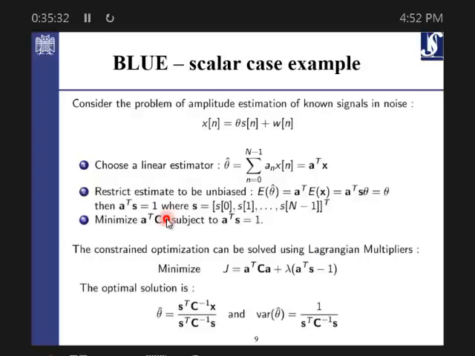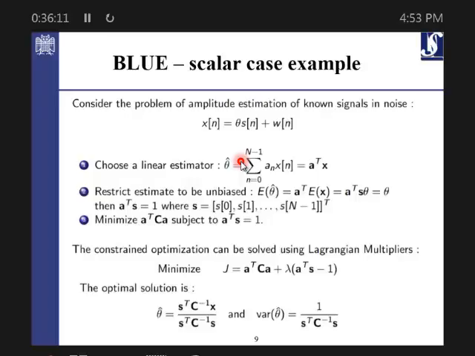Covariance is nothing but, in general, the expectation or the sample covariance of the vector X times the transpose of the vector X. If you replace that, you see A transpose X, and the other one is the transpose version of that. So it's nothing but the covariance of the estimate. We want the estimation to have the minimum variance or covariance, it doesn't matter.